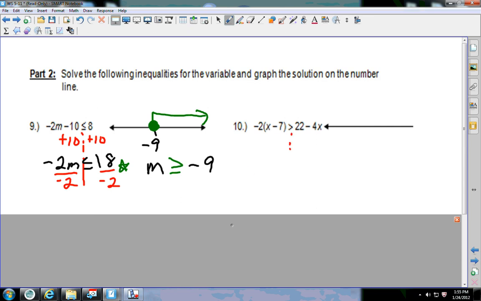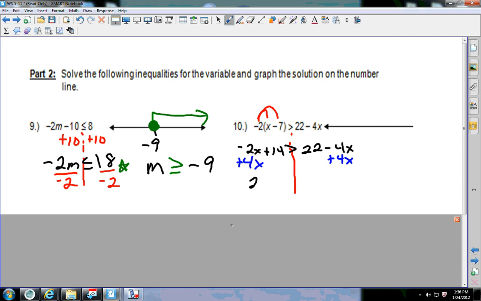Number 10. The first thing you do to solve this one, do the distributive property. Negative 2 times x, negative 2 times 7. So I have negative 2x plus 14 greater than 22 minus 4x. Now I'm going to add 4x to each side.